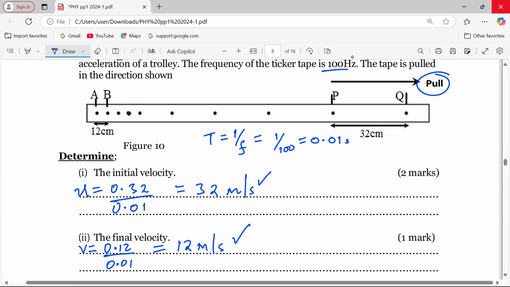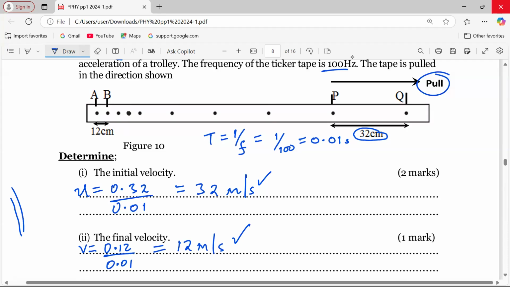Even as you can see from the tape, within 0.01 seconds, it moved for a distance of 32 centimeters. But within the same time interval, as it finishes, it's able to cover only 12 on the final side. So if it's able to cover 12 within 0.01 seconds, this is an indication that the trolley is decelerating.